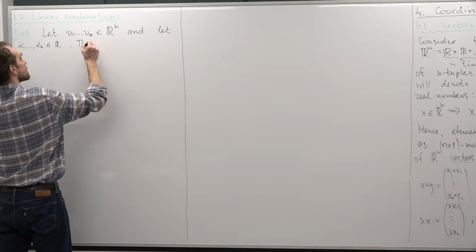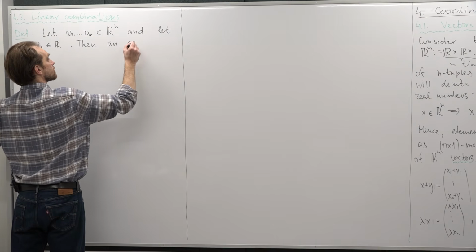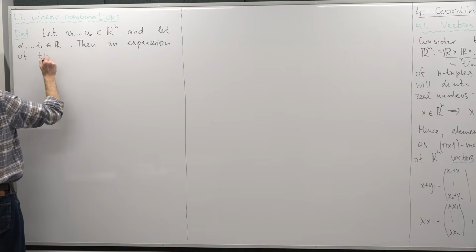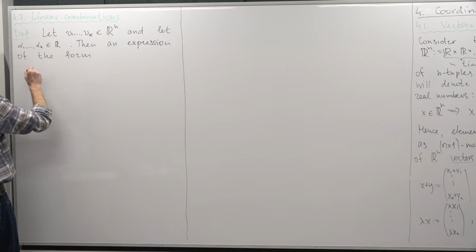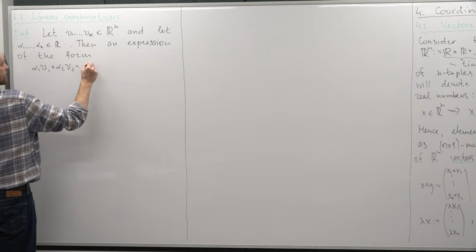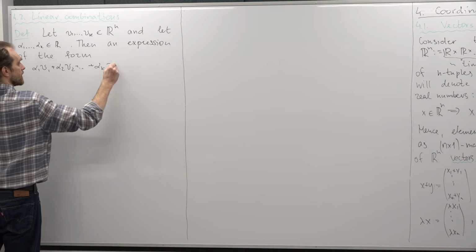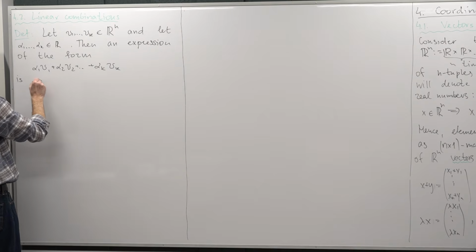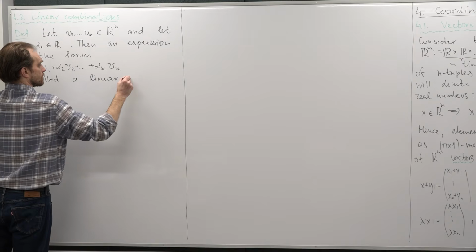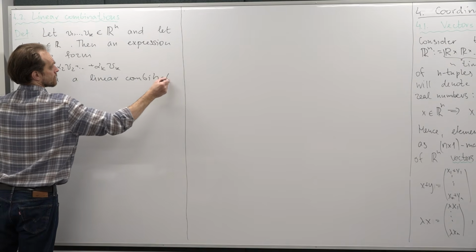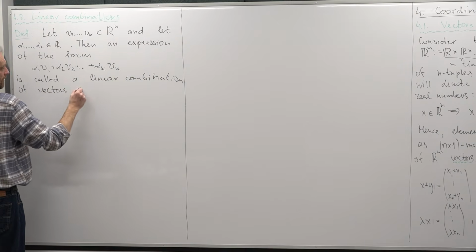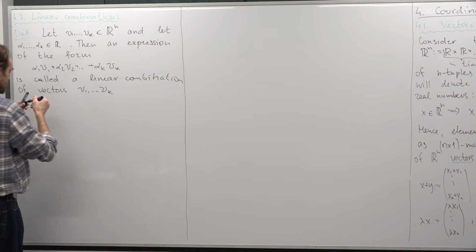Then an expression of the form alpha 1 times v1 plus alpha 2 times v2 plus etc. plus alpha k times vk is called a linear combination of vectors v1, etc., vk.